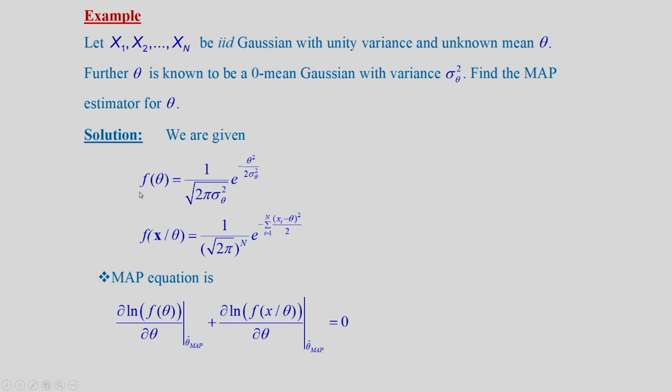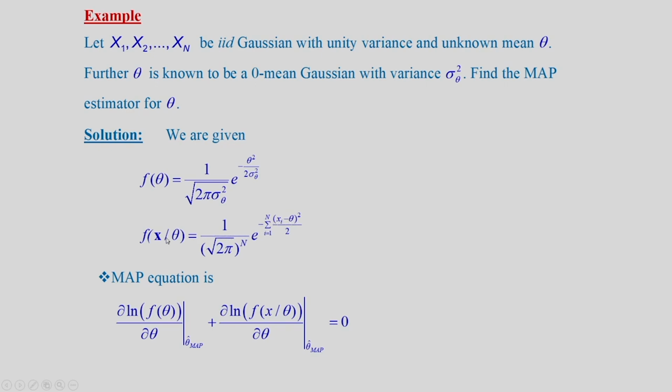We are given f(theta). This is the prior PDF, 1 over root of 2 pi sigma theta square, times e to the power minus theta square divided by 2 sigma theta square. So this is the zero mean Gaussian with variance sigma theta square. And the likelihood function f of x given theta is also Gaussian with unknown mean theta.